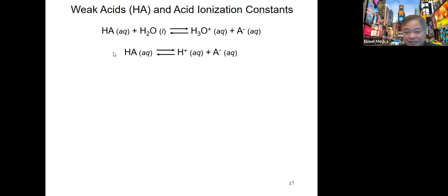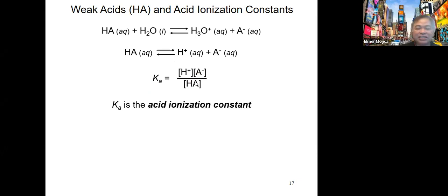So if it's HA producing H plus and A minus, if you're going to write the equilibrium expression for that, since this is an acid, we call it the Ka. So Ka is equals to products over the reactant. So in this case, ang tawag natin sa Ka ay acid ionization constant. And if we're going to look at the value of that, it's so small.